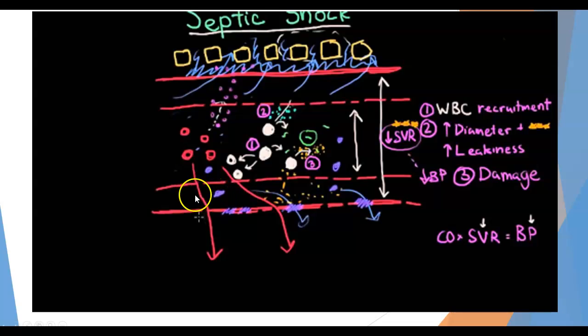So if we look at our blood vessel, that's what this is. This is a blood vessel. So if we look at our blood vessel here, let's pretend that everything is at these 2 red lines here. Our yellow boxes represent tissue and cells that need to be perfused. Okay. This is our interstitial space. This is our extravascular space.